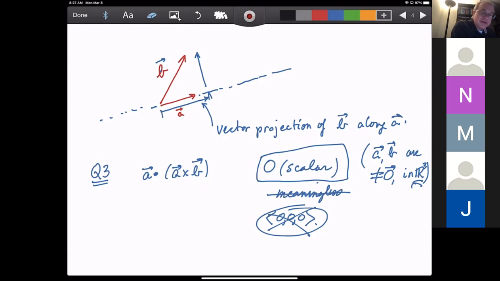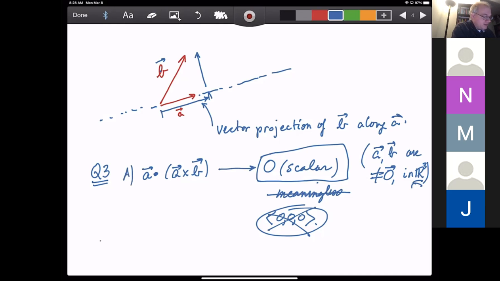So A dotted with something that's perpendicular to A means the angle between those 2 vectors is a right angle. It's 90 degrees or pi over 2 radians. And the cosine of pi over 2 radians is 0. So the dot product of those 2 things has got to be 0. Okay, so that's where the answer comes from.